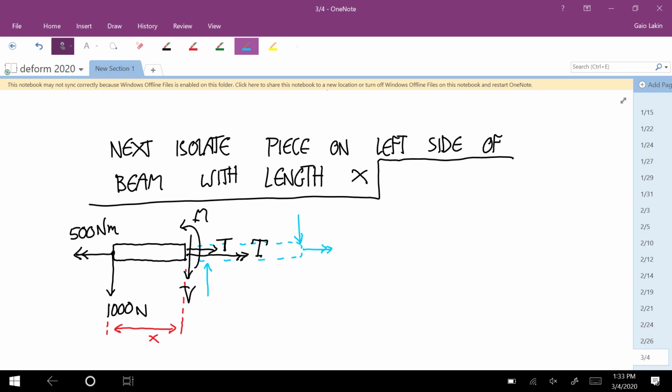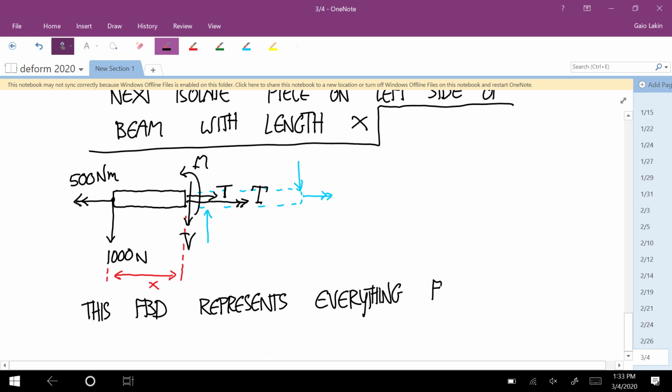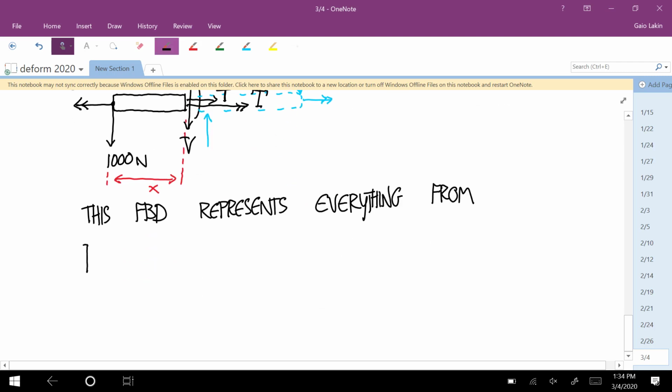So let me write this down. This free body diagram represents everything from, okay, so at one extreme is this, where we're leaving all this off.